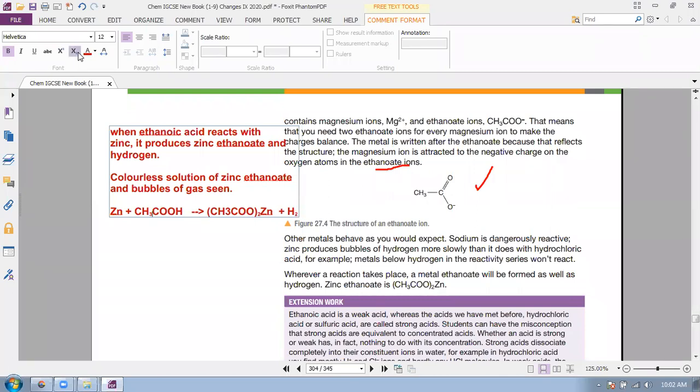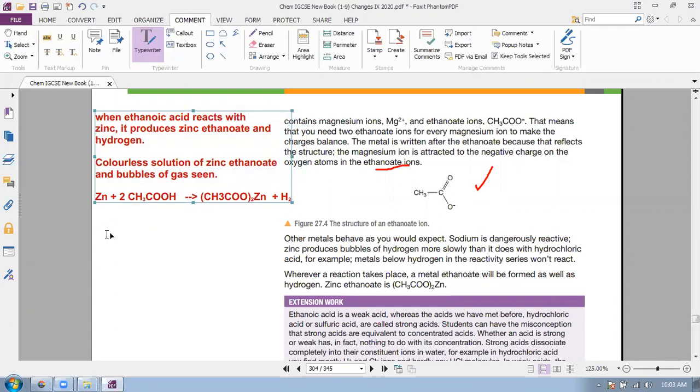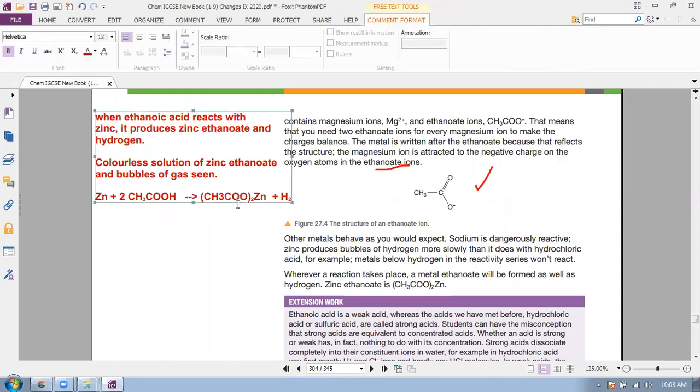Now let's balance it. So put a 2 here. It's balanced. This is zinc ethanoate and hydrogen. All right.